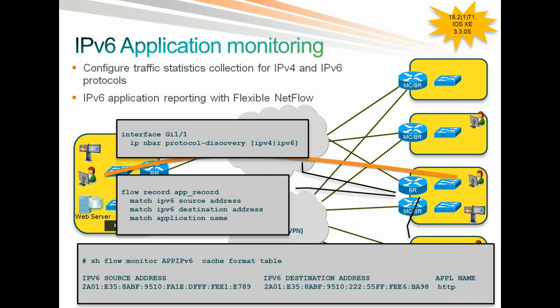And we can do a deep dive into application monitoring by simply generating a flow record based on v6 source and destination and tying that to application name. So over here on the far right side, we can actually see the specific application name associated with the IPv6 flow. So that's one of the most amazing things from the IPv6 side.